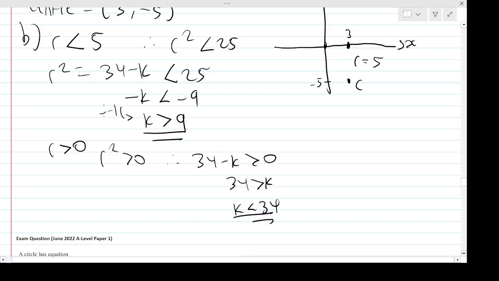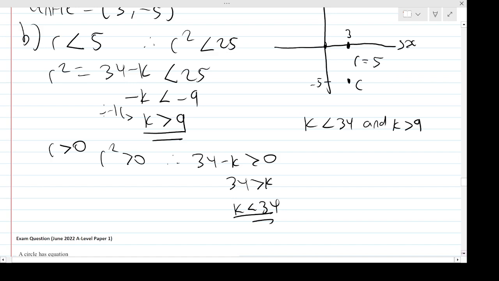Okay, so I've got these two inequalities. I can then combine these two. You could say k is less than 34, or k is greater than 9. Actually, no, it has to be and, right? Both of them have to be true.